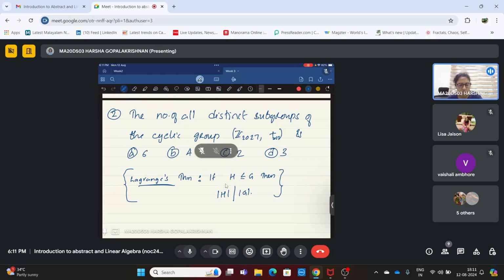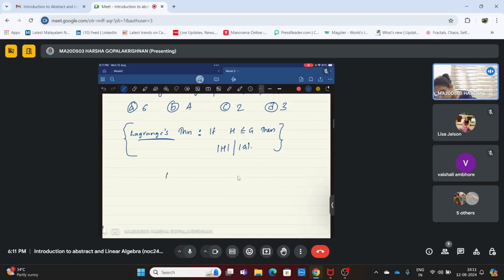The question is the number of such subgroups H of the group G, which is Z_2027. Any idea? If H is a subgroup of Z_2027, then by this theorem, the cardinality of H should divide the cardinality of G, right?